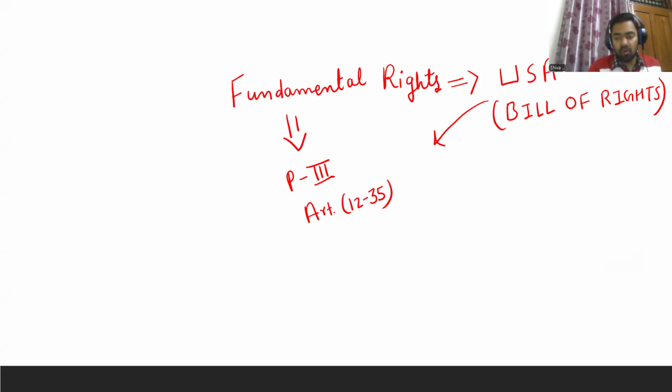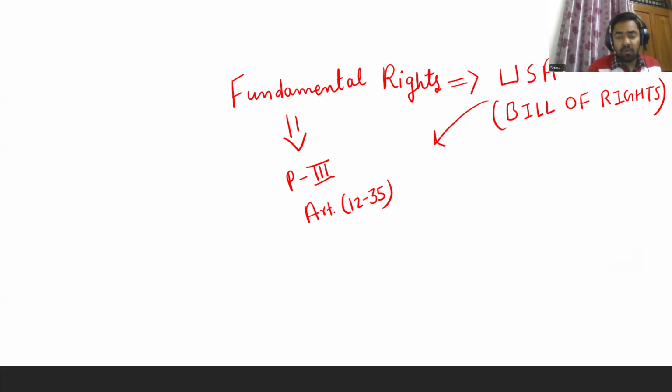They did so because they had seen that time when, just by passing the Defense of India Act, the British government put all the leaders behind bars, in which they curtailed fundamental rights like freedom of speech and expression. You couldn't even utter a single word against the British government. So that in the future, no government can curtail the fundamental rights of any citizen.